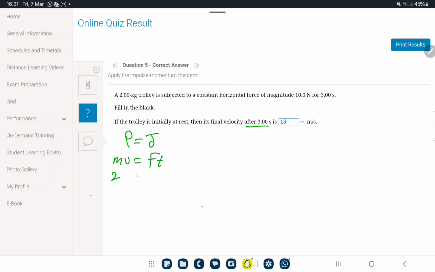Mass, we said it's 2 kilograms times velocity x, so 2x equals force 10 times time 3. So 2x equals 30, you divide by 2, and x equals 15. So the final speed is 15.